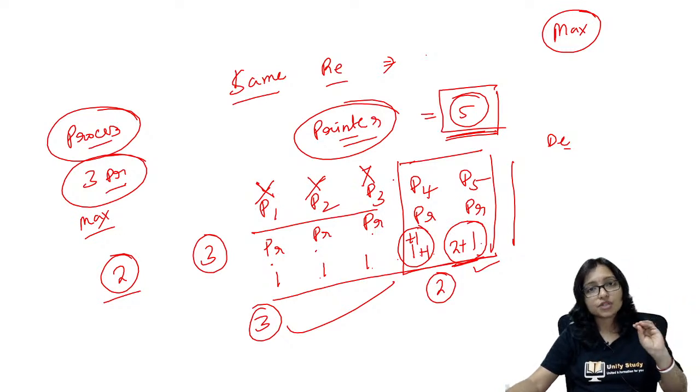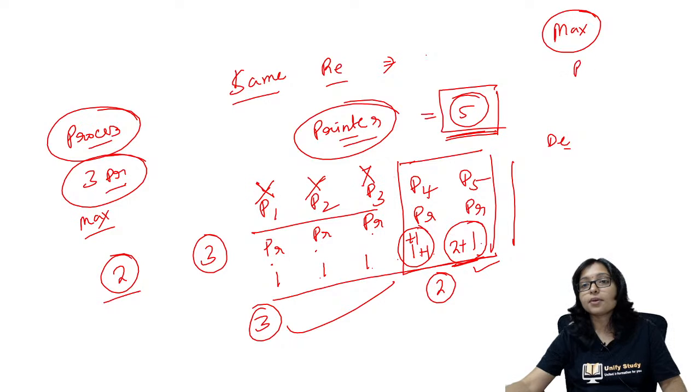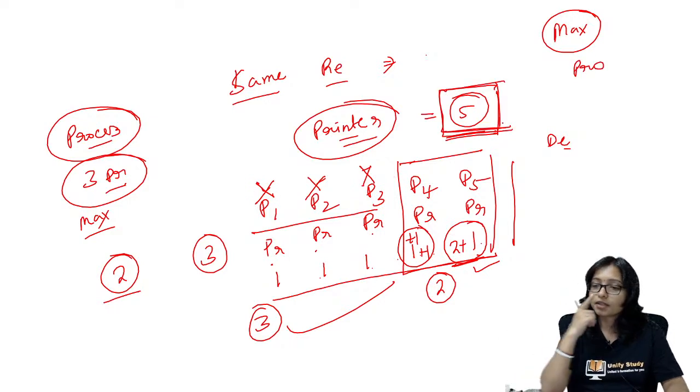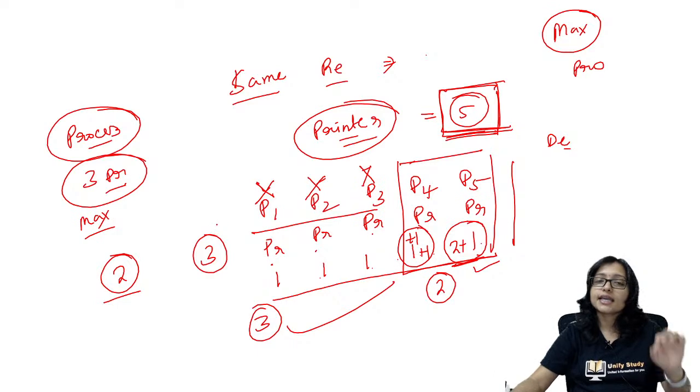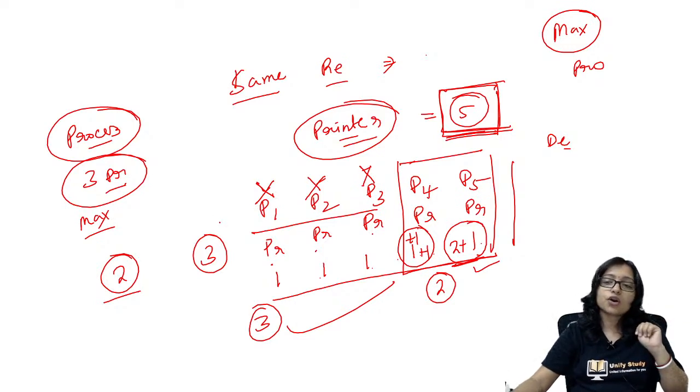I will try to delete minimum number of process, and my target will be to execute maximum number of process with the available resource, right? That should be my maximum target. Clear? So how to do it? Here is a very easy concept. How to do it? So I will tell another scenario. After that I am coming to the concept.